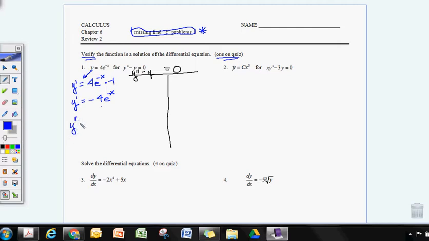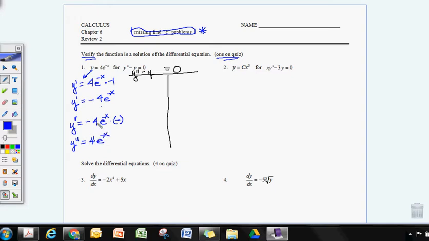So y double prime is going to be negative 4 comes down. Derivative of e to the negative x is e to the negative x times negative 1. So y double prime is positive 4e to the negative x.